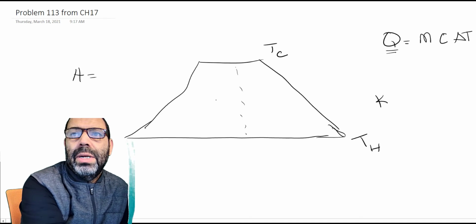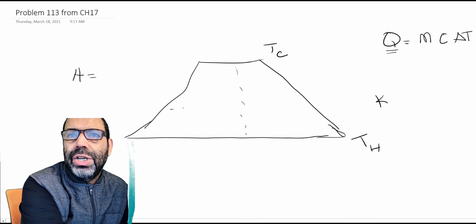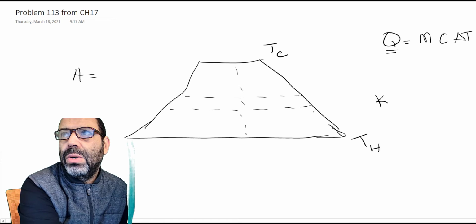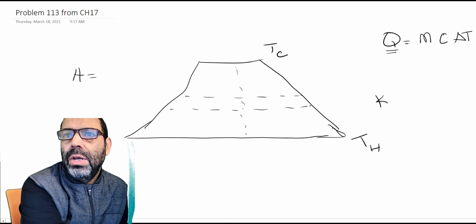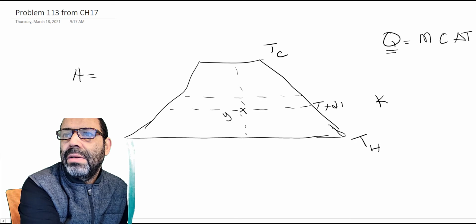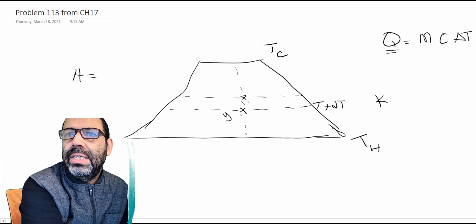So you know H. But the problem with finding H in here is that the geometry is not uniform, so the temperature at a given point is different than the temperature at other points. At a point y, the temperature is going down from T_H to T plus dT, just enough for the next dy.